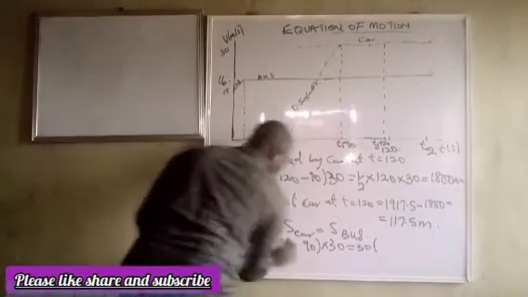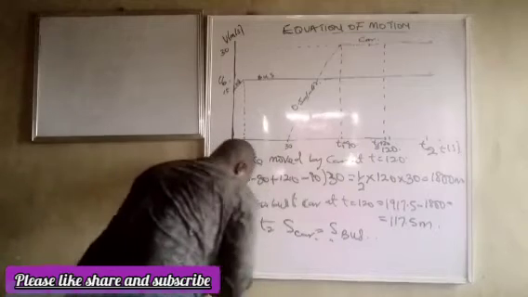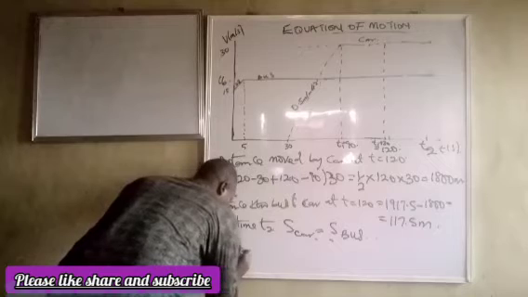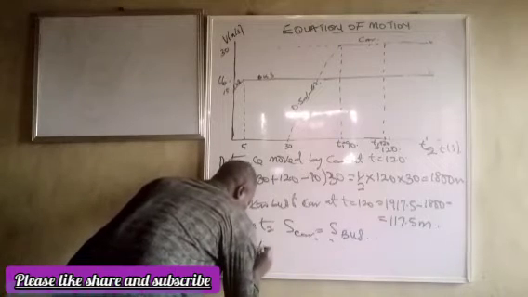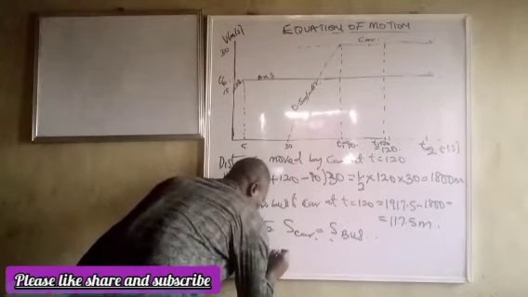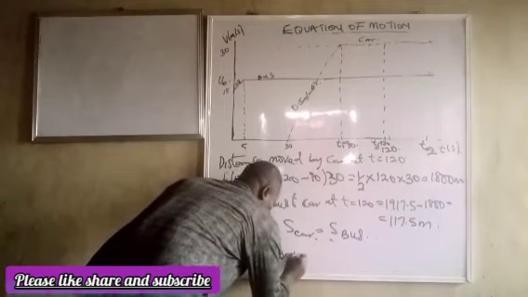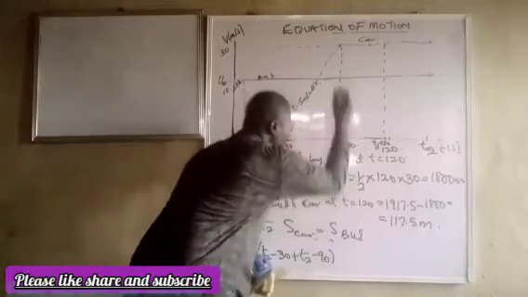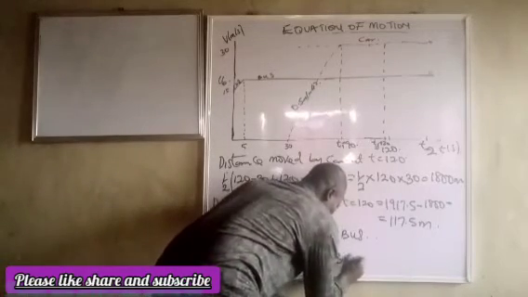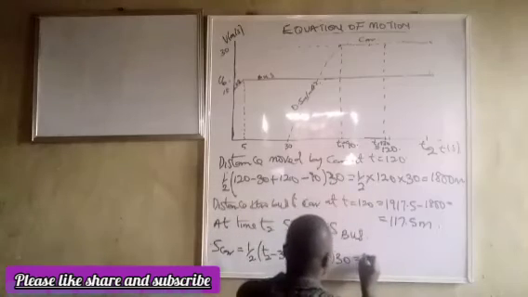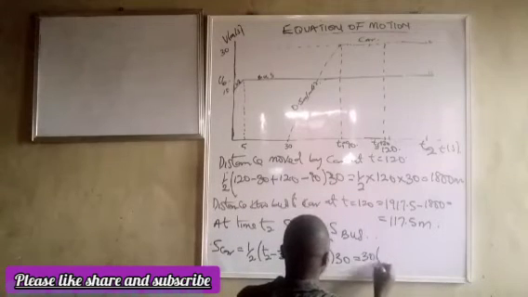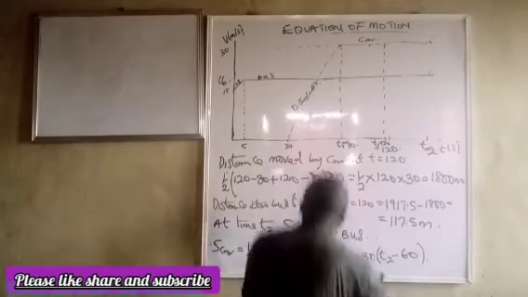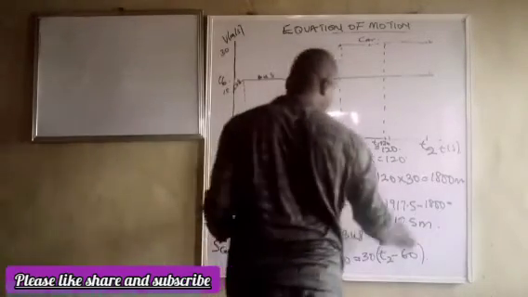So the distance covered by the car is equal to half t2 minus 30 plus t2 minus 90 times 30. At the end of the day, it's going to give me 30 into t2 minus 60. That is the distance covered by the car.